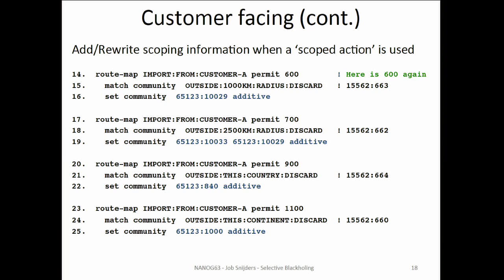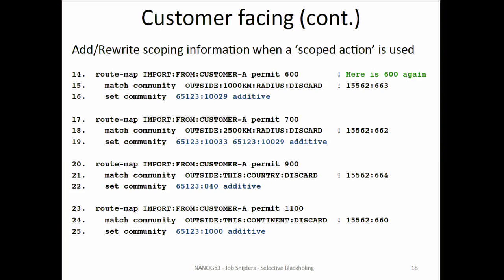If the customer wanted to discard outside a 1,000-kilometer radius of the router, we add a specific community, in this case 65123:129, and this will help the other routers in the network that match on IBGP to figure out whether they are inside the scope or outside the scope.